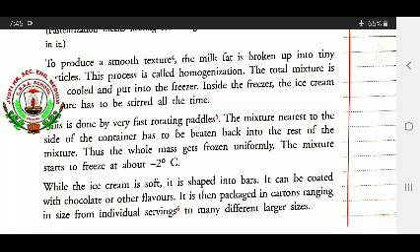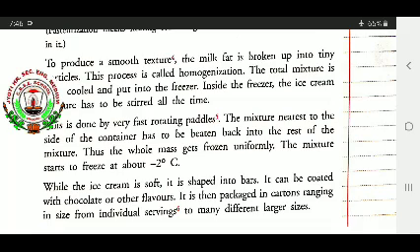It can be shaped into a cone or any other shape can be given. It can also be coated with chocolate or other flavors. Mostly everybody likes chocolate, but the ice cream can also have flavors like vanilla, blackcurrant, strawberry, etc.